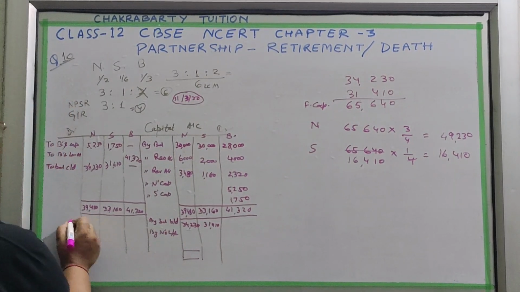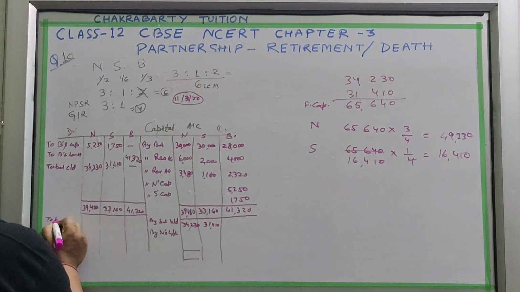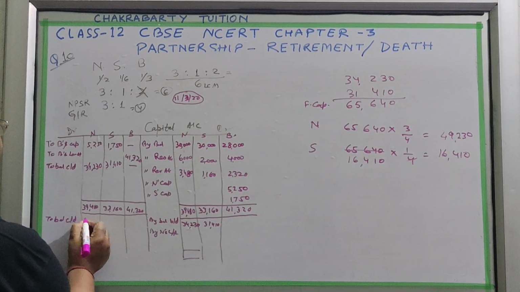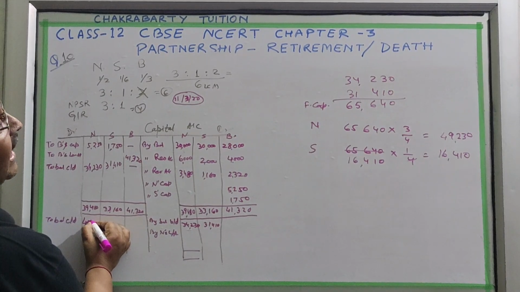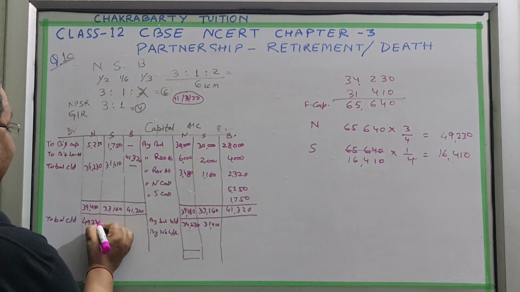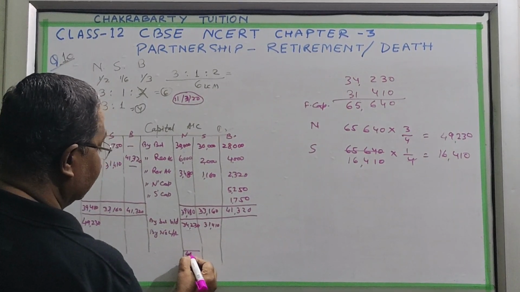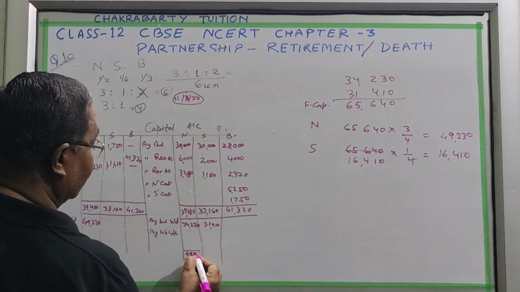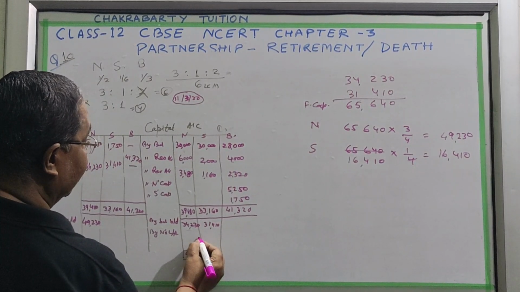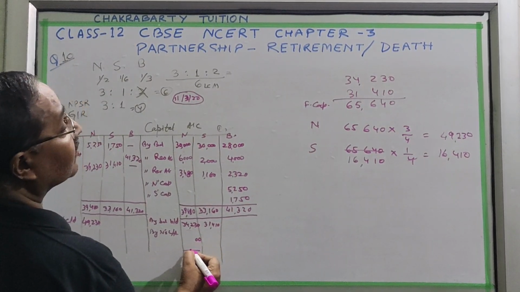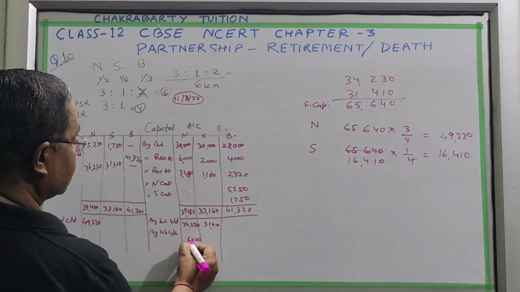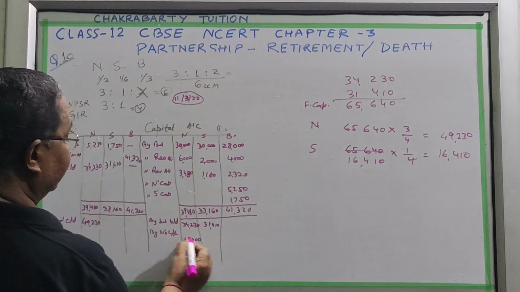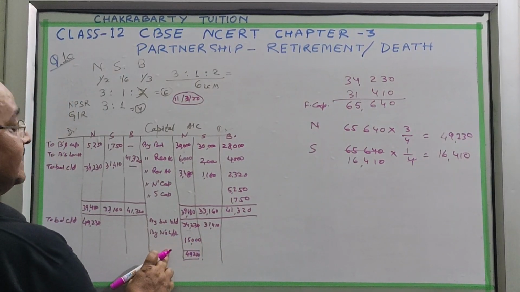His balance should be 49,230 balance carried down, after adjustment of capitals. So 49,230 should come total. So 15,000 will be transferred to his current account.